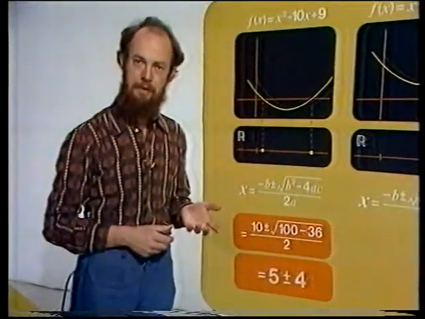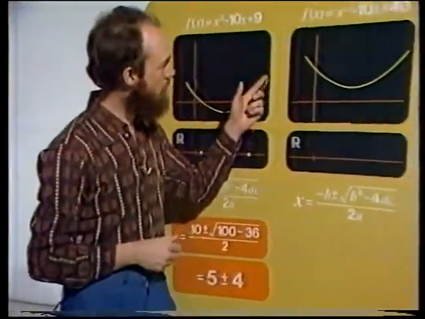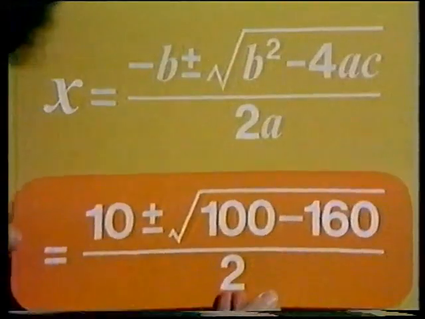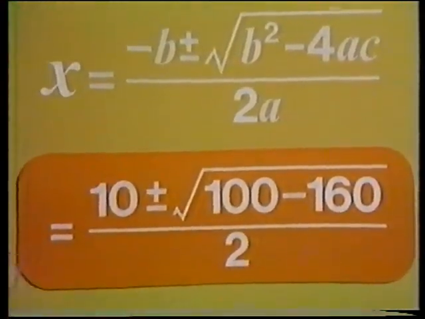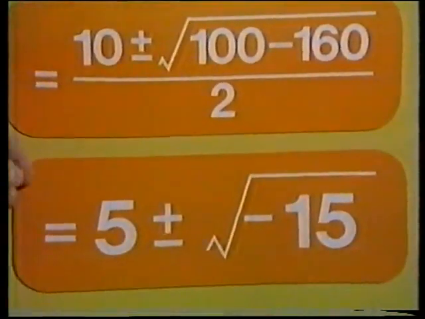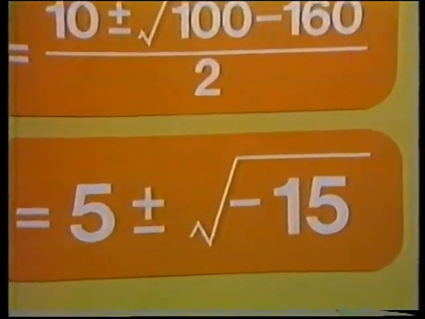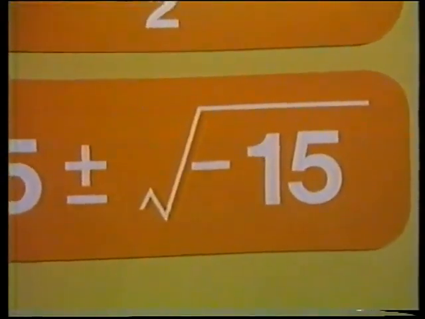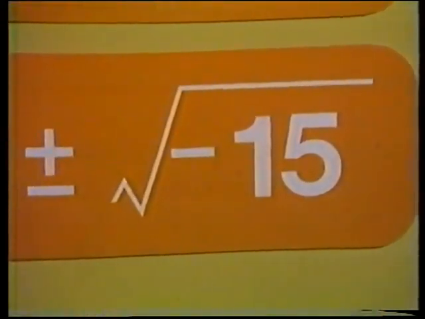Well, that's very nice, but I can try the same method on the second equation with the coefficient 40 in it. When I remember to substitute that in, I get this, and that simplifies to this. And now we're in a mess, because this is trying to be the root of this equation, and yet, according to the picture, there are none.